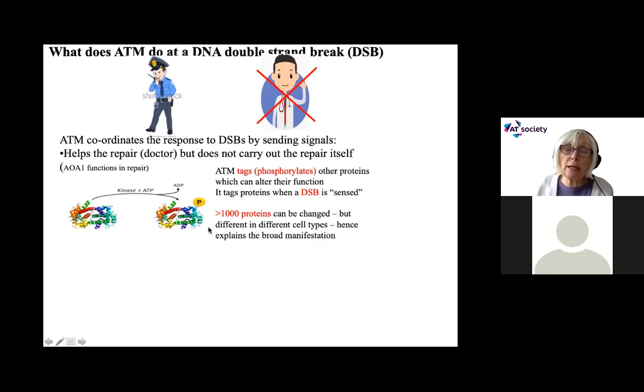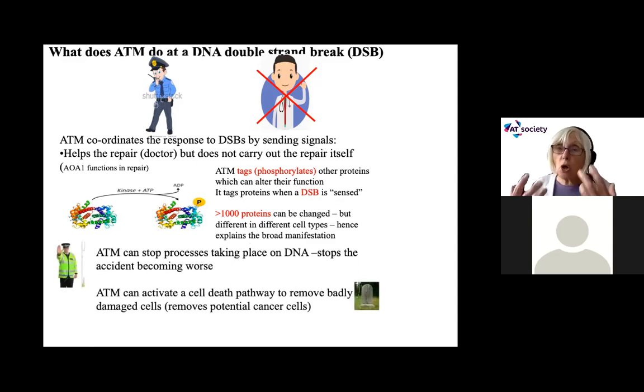So when a double-strand break is sensed, ATM becomes activated and tags some of these proteins. It's able to tag over 1,000 proteins, but in any one cell it won't do nearly as many as that. But it's this ability to affect a large number of processes by tagging these proteins that makes ATM have such broad manifestation. So it can stop processes taking place on the DNA. It says there's an accident down the road, stop more traffic coming down this road.